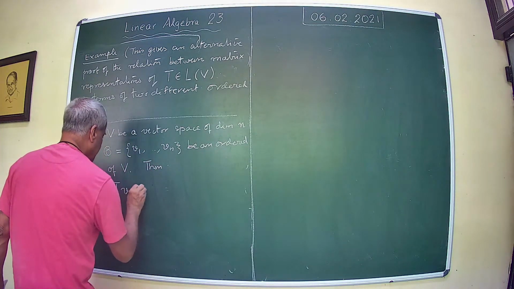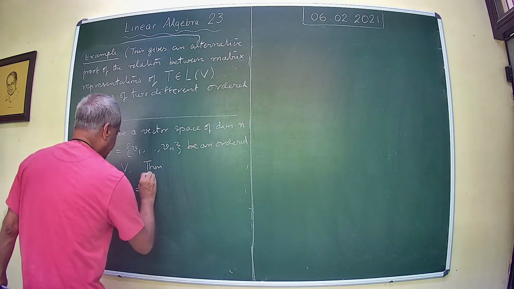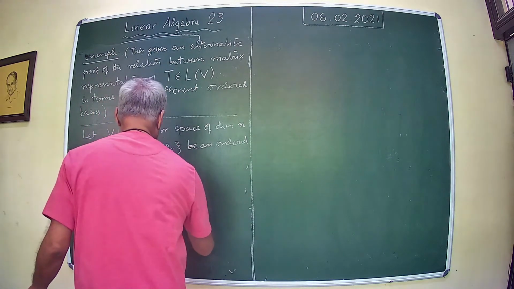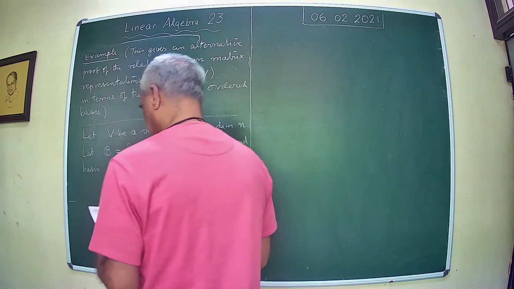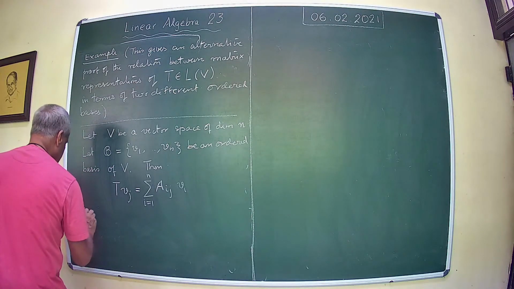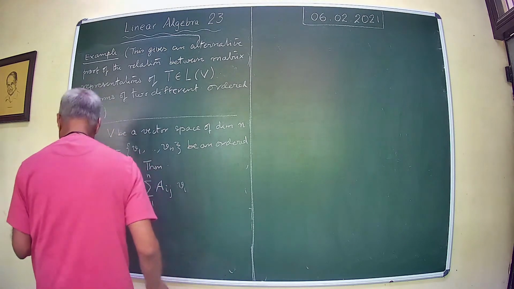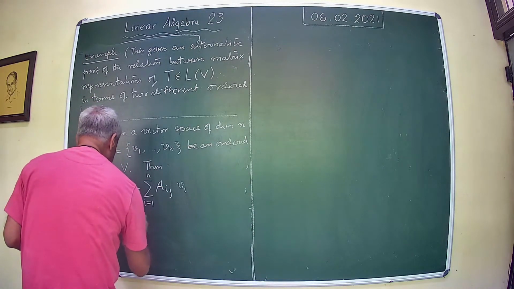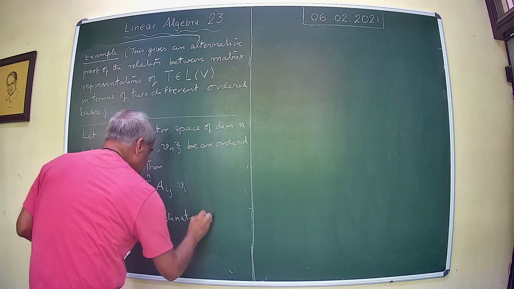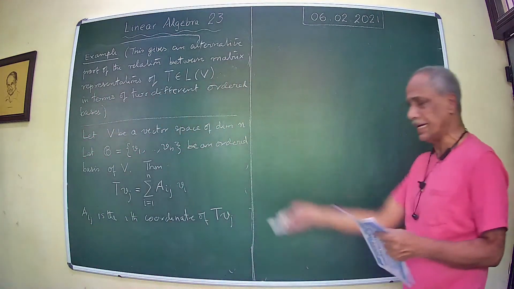T Vj equal to sigma i equal to 1 to n Aij Vi, where Aij is the ith coordinate of T Vj. That's the standard expression.